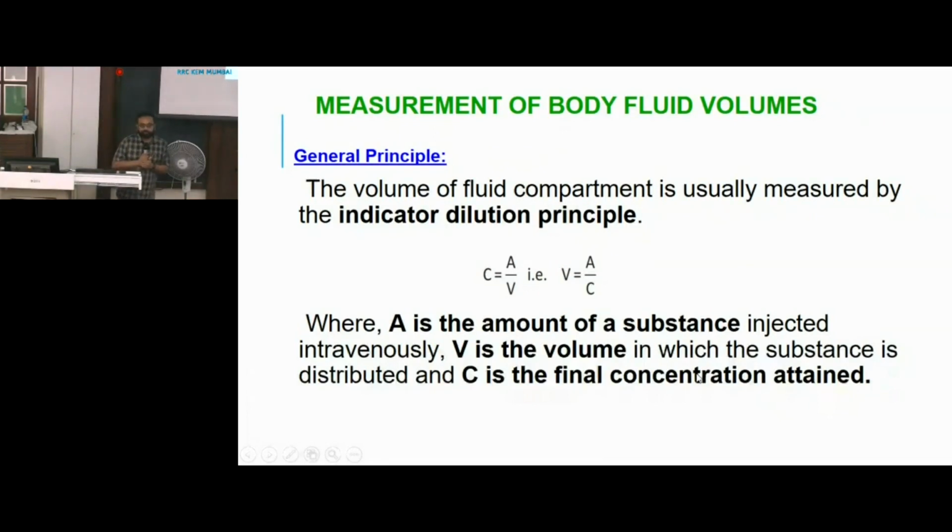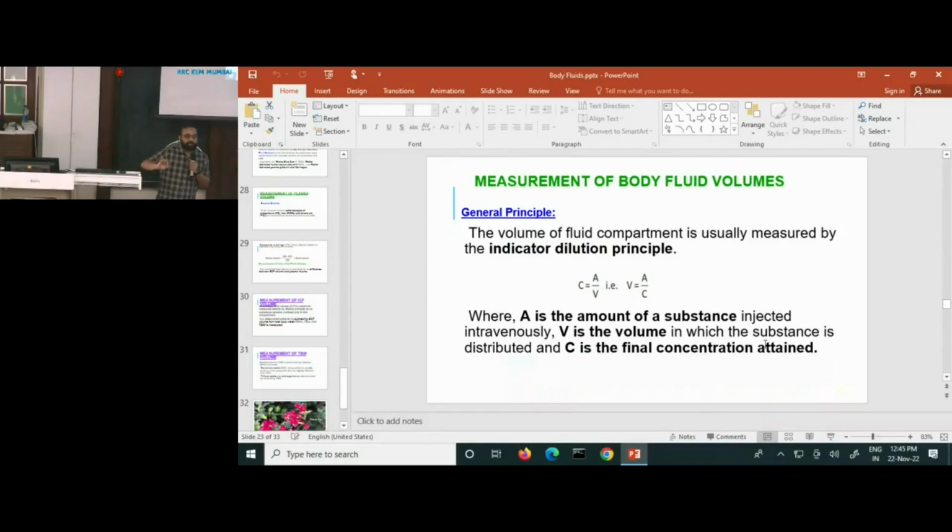What is the process? Suppose something is not present in the blood, some particular substance. If I inject that particular thing in the blood, it will be present only because I injected it; previously it was not there. So we take a substance, suppose substance A or B or C, whatever.